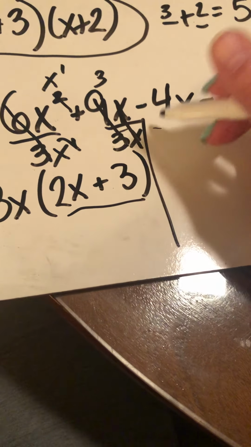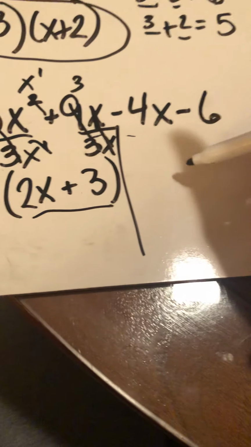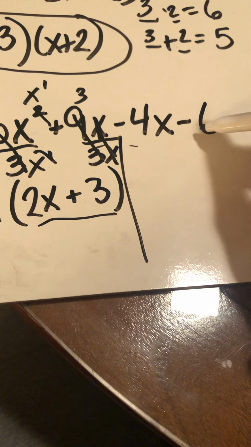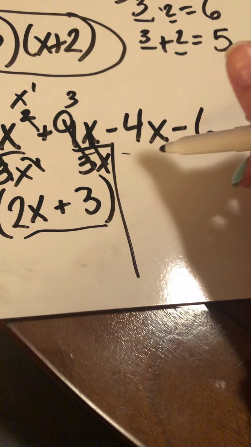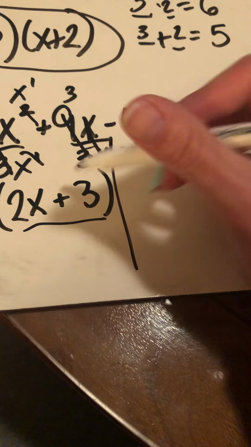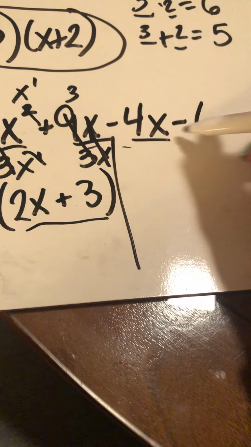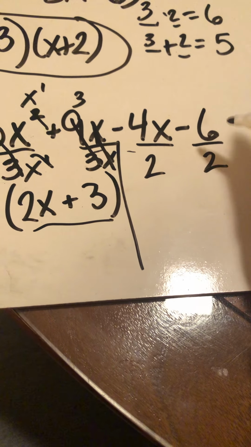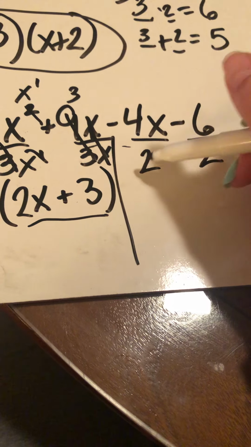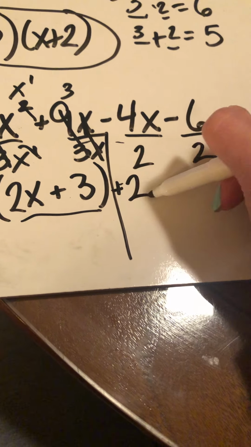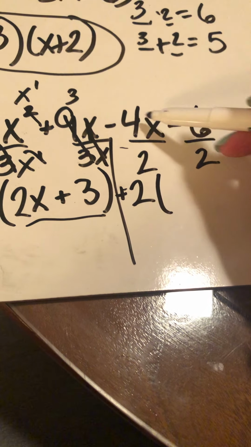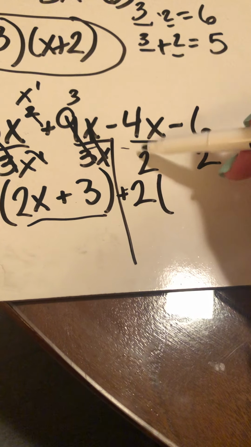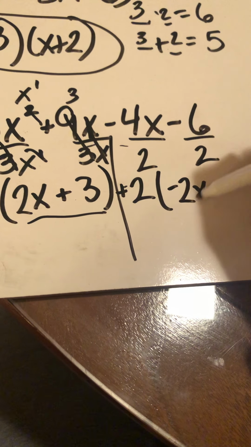We want this on the other side, so just make sure. Now, look here. So we have a negative 4x minus 6. So we want to make sure we get a 2x plus 3. So, yes, they both have a 2 in common, but if I just pull out a 2, right, negative 4 divided by 2 is a negative 2x.